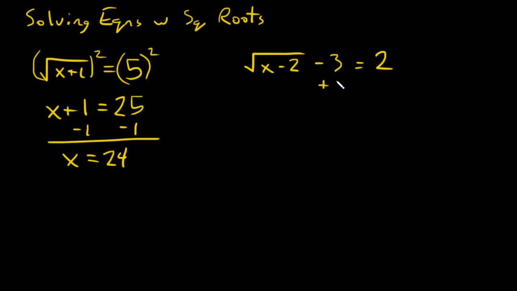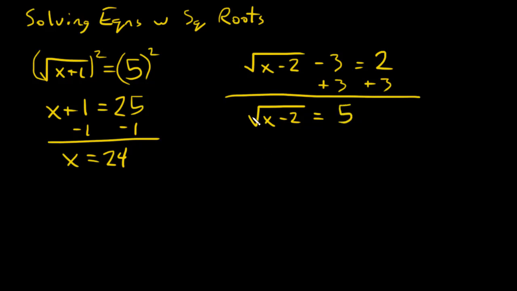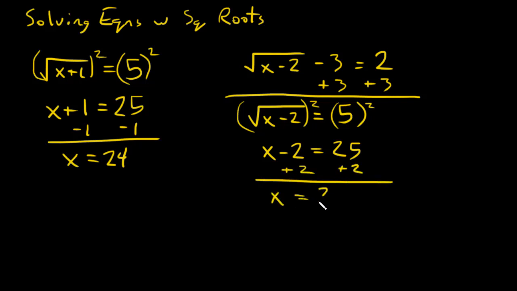I do that by adding 3 to both sides, and I get root x minus 2 equals 5. Now that the root is isolated, I square it, but I also have to square the other side, so I wind up with x minus 2 equals 25. Plus 2 and plus 2, x equals 27.